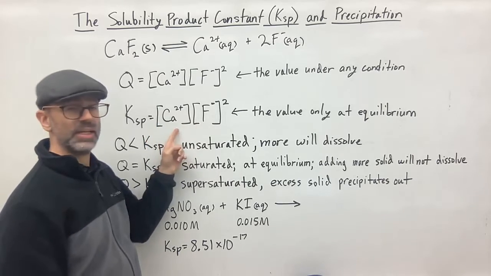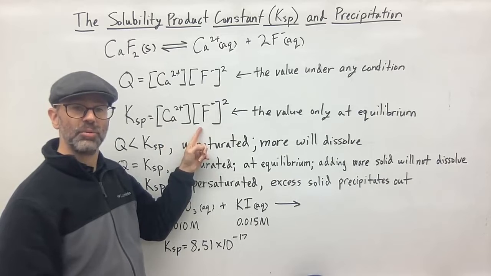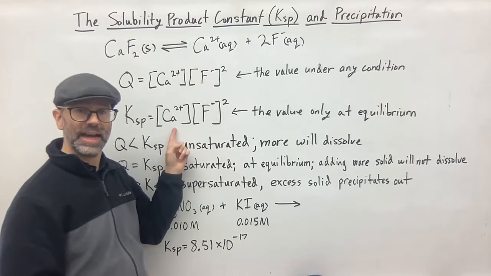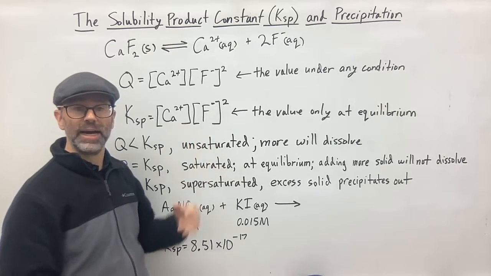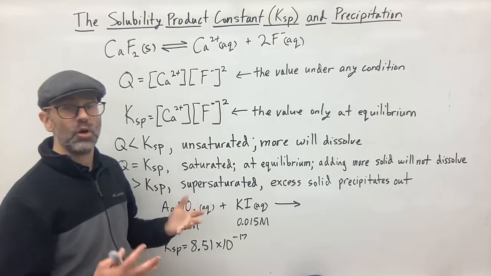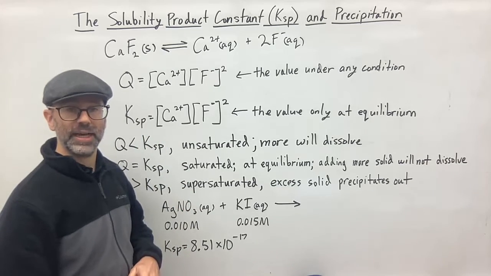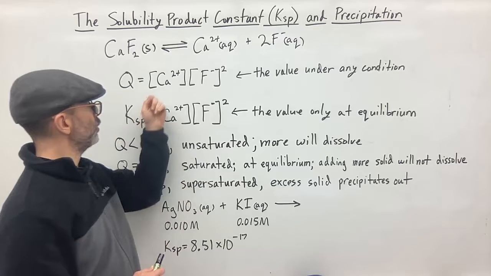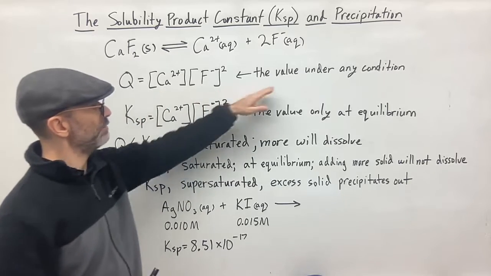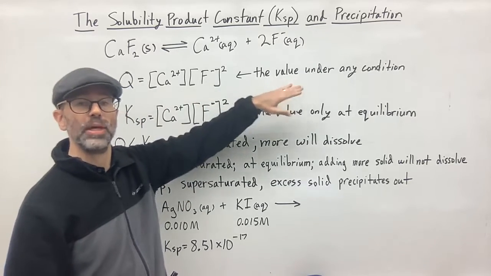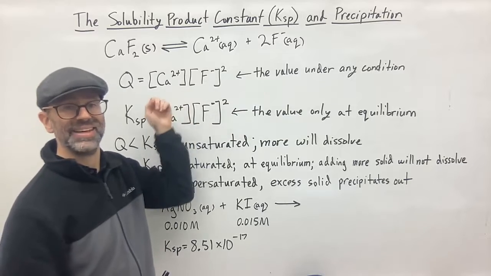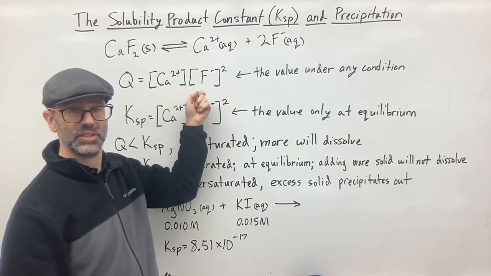So here we would need to know the equilibrium concentrations of our calcium and fluoride ions. Without those, we can't calculate KSP. However, your quotient is the value under any condition. So we can calculate the quotient given any concentrations of these two.